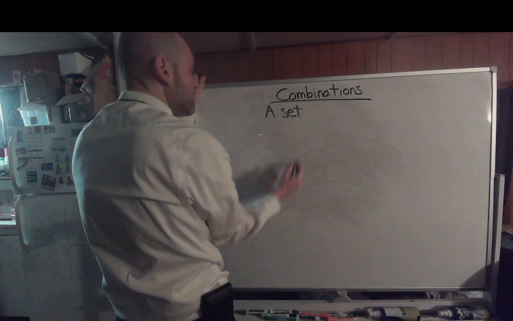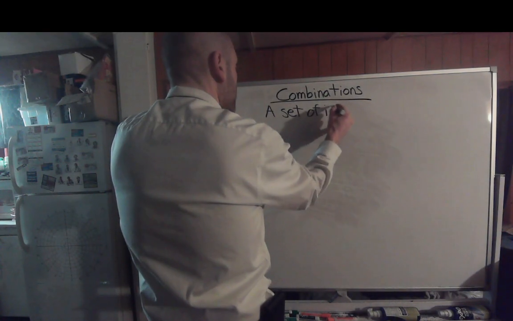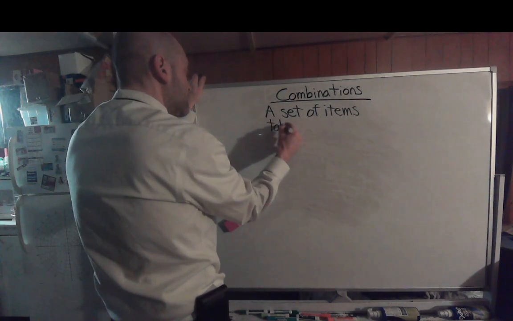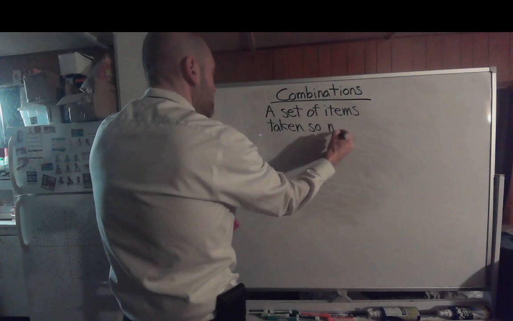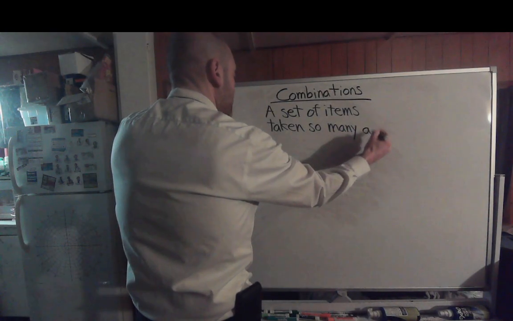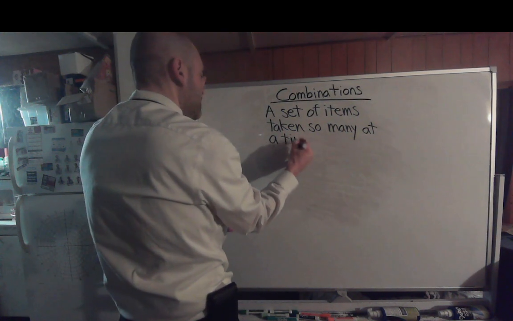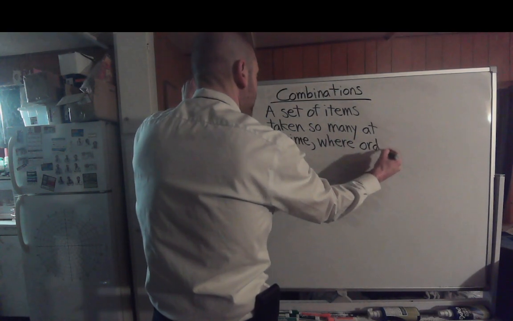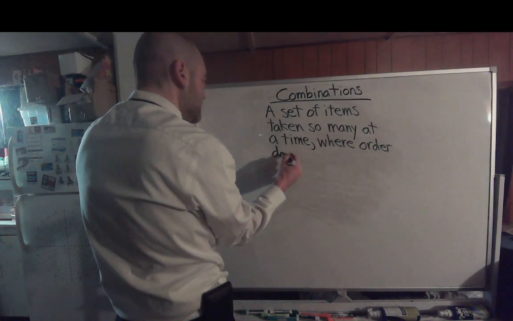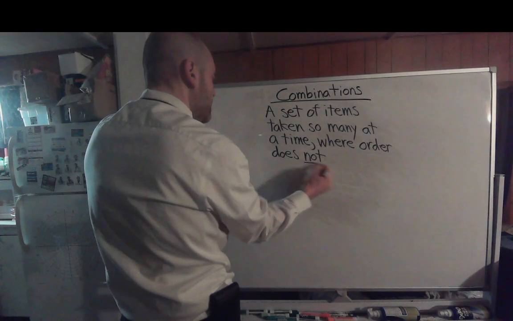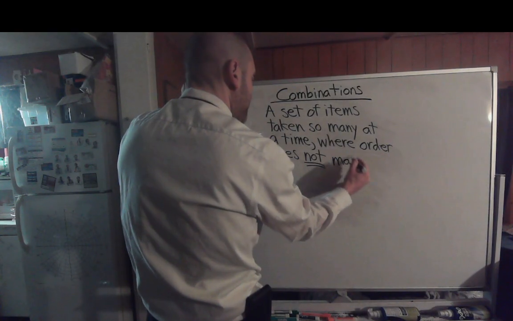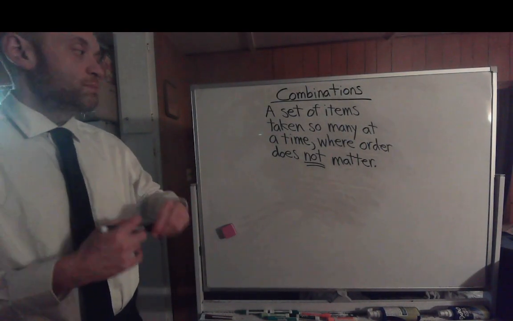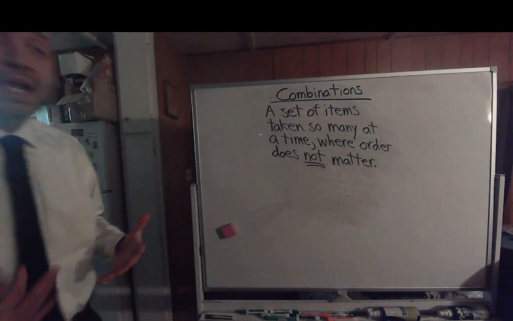A combination is a set of items taken so many at a time where order does not matter. You can arrange it in any order.